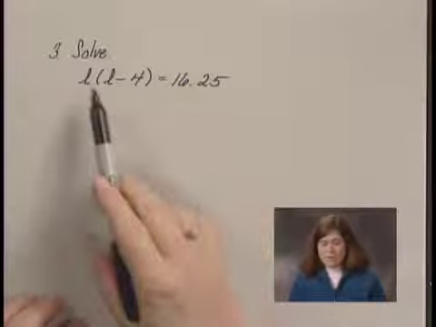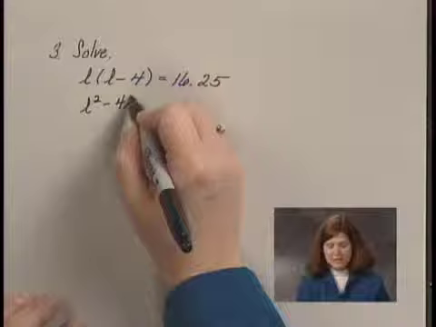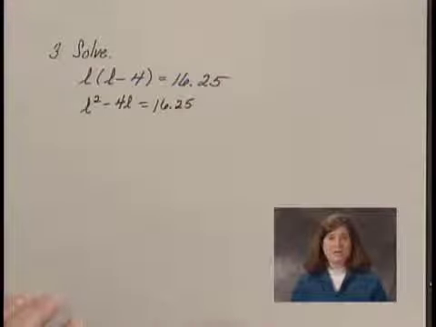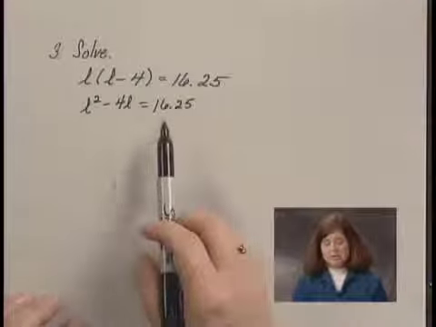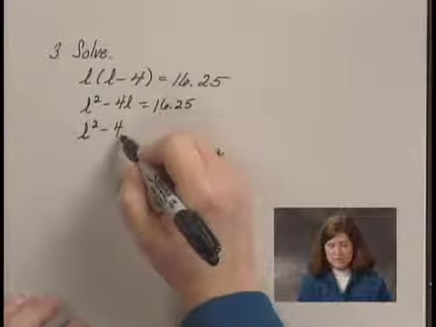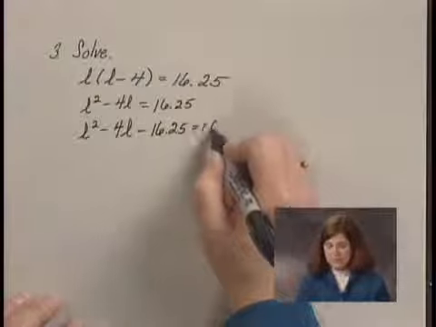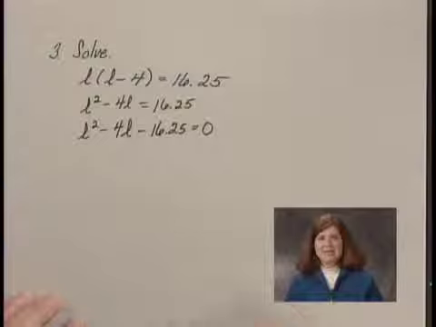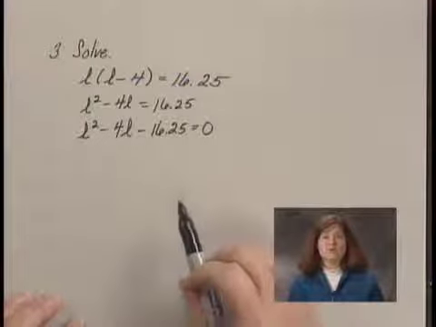To solve this, we will multiply, and we have L squared minus 4L equals 16.25, and we see we have a quadratic equation. So we'll get 0 on one side of the equation by subtracting 16.25 on both sides. And we have L squared minus 4L minus 16.25 equals 0. Now this may factor, but I don't see a way to factor it right now with the decimals, so I'm going to use the quadratic formula.